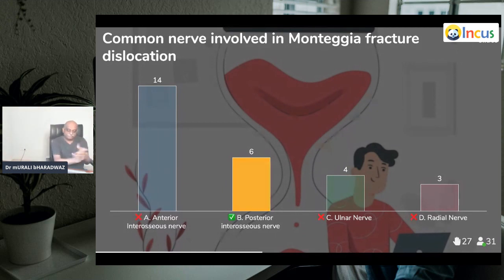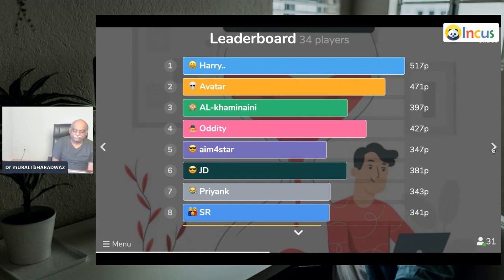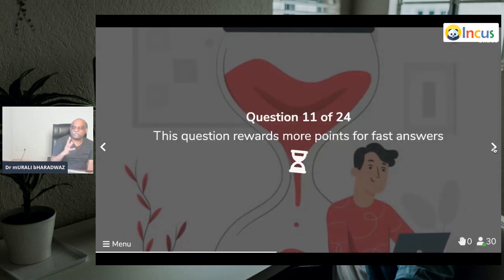Brilliant. Posterior interosseous nerve is the common nerve involved in the Monteggia. Very few of you correctly answered. That keeps Harry, Avatar, Kamineni racing for the top.